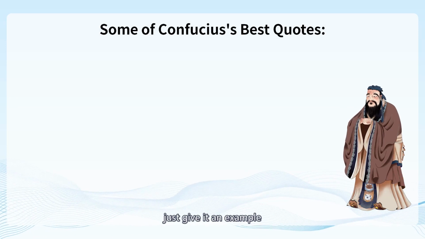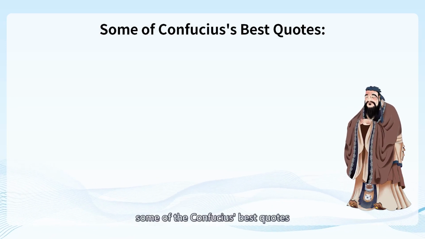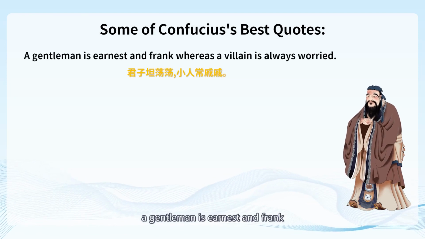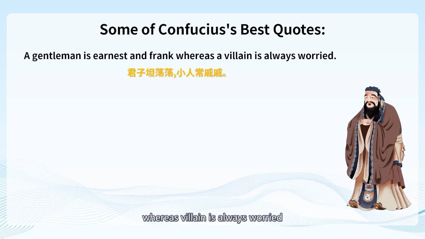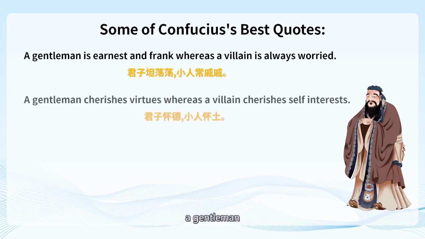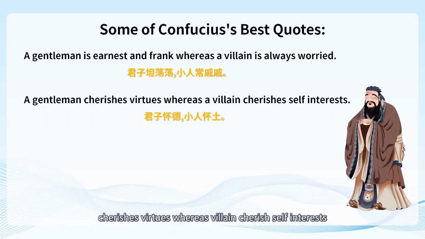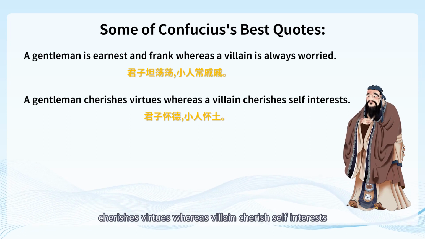Just to give an example, some of Confucius' best quotes. A gentleman is earnest and frank, whereas a villain is always worried. Okay? A gentleman cherishes virtues, whereas a villain cherishes self-interests.